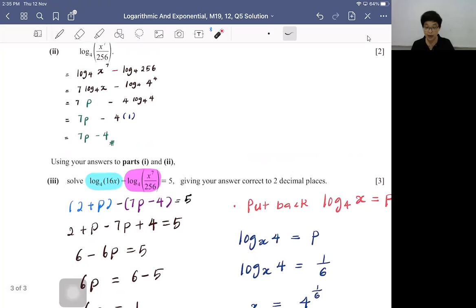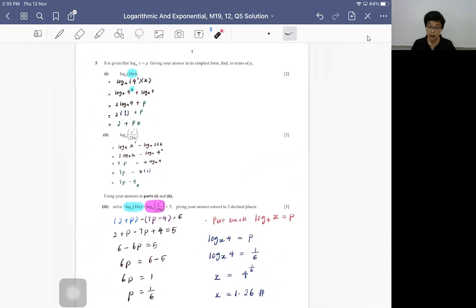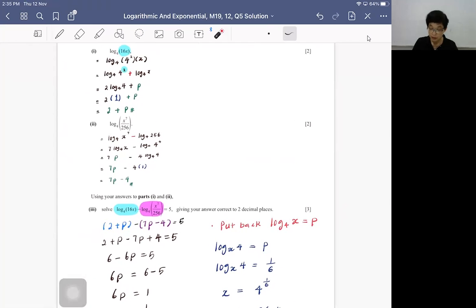As I have highlighted, the first term, log_4 16x, is taken from part A1, and then the log_4 x^7/256 is taken from part 2.